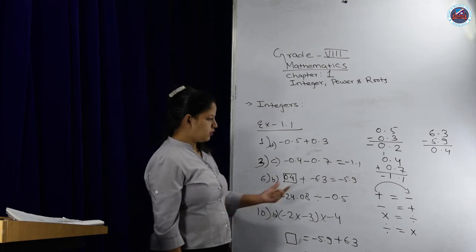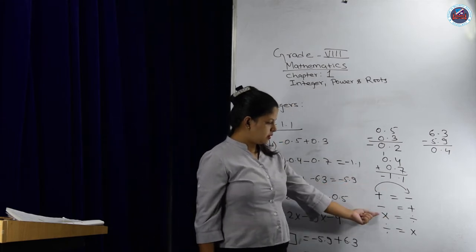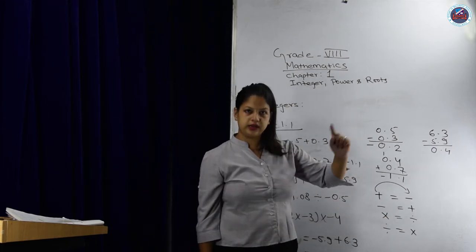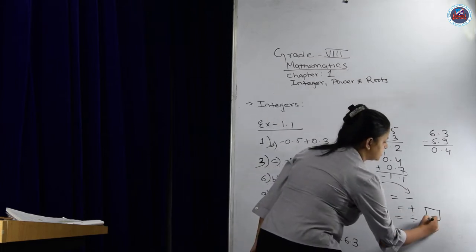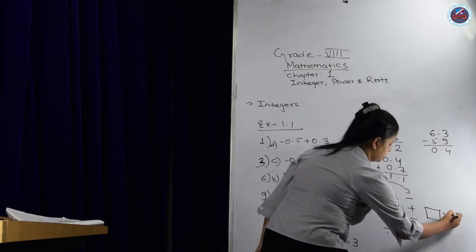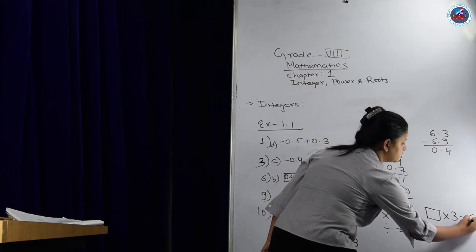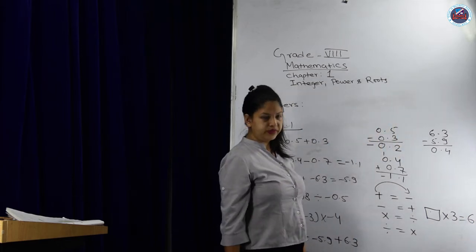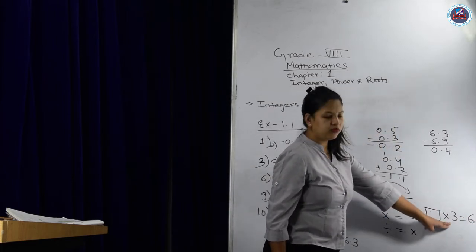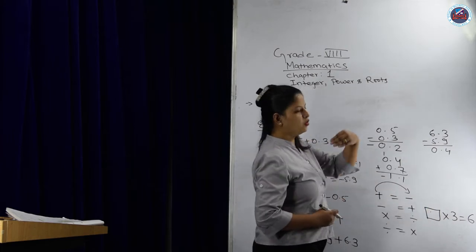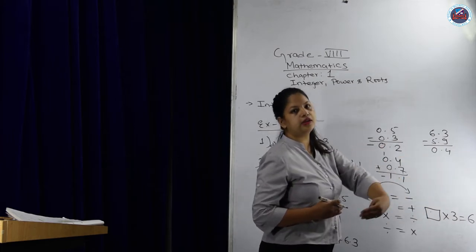Now remember this rule. Sometimes it might be multiplied also. It will go and divide in that case. For example, if your question was box into 3 is equal to 6, and you have to find this, follow this rule. It's multiplied with this number, so it will go beyond the equal sign and divide.